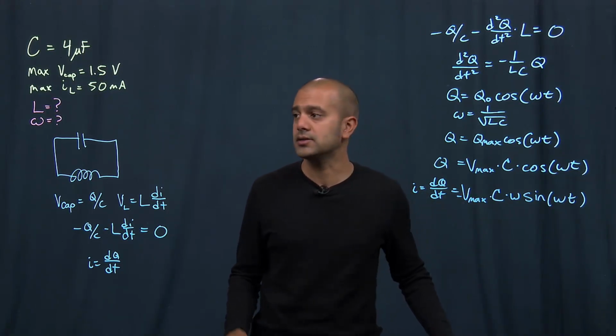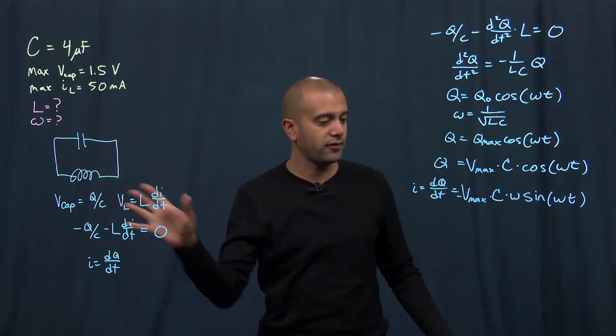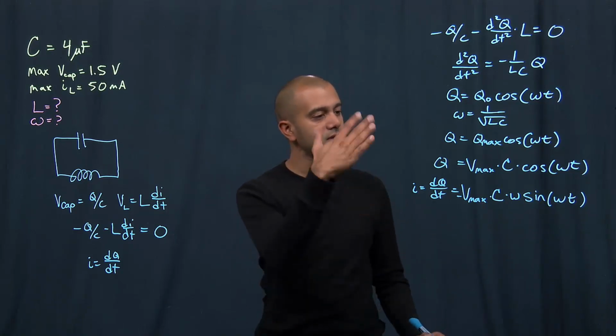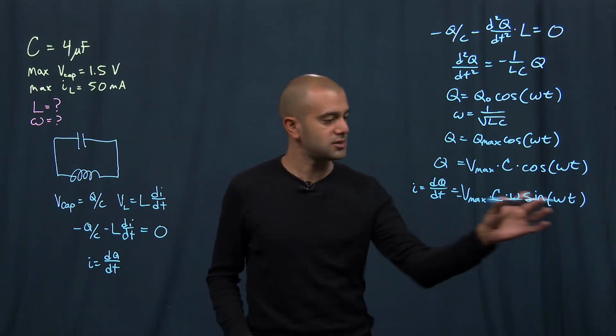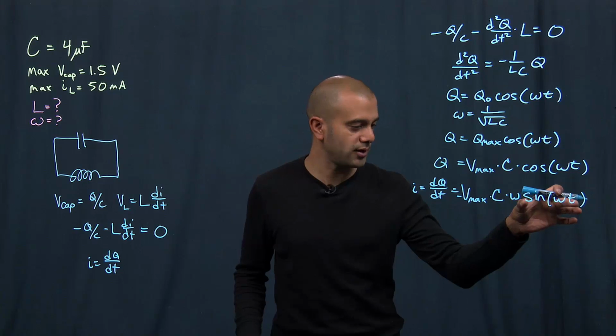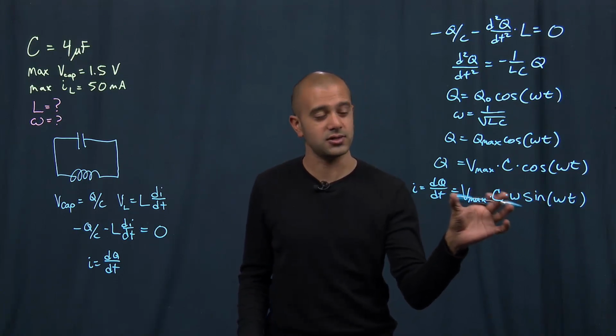Now, what we're given here is a max current traveling through the inductor. And we know that the current at any given time is given by this quantity. And using the same reasoning as above, the coefficient of this quantity will be the max current because this quantity can only oscillate between 1 and negative 1. So whenever this quantity is, in this case, negative 1, the current will be maximized based on whatever the coefficient is.